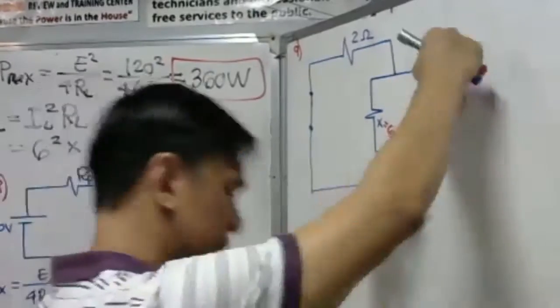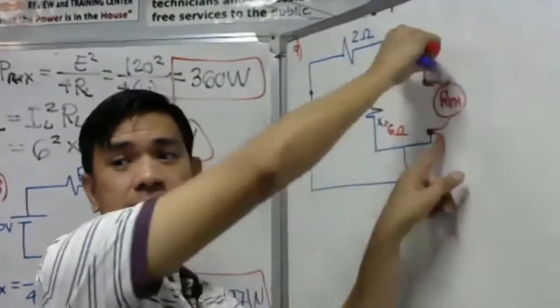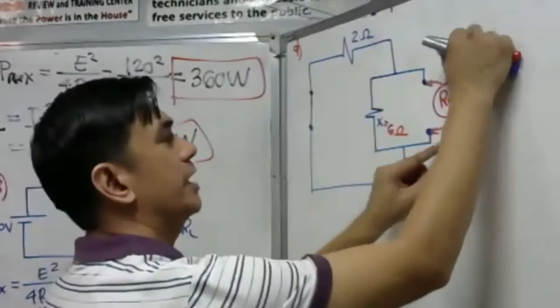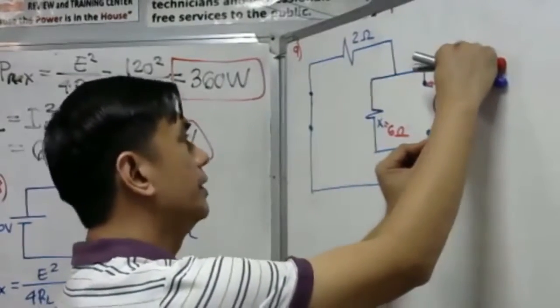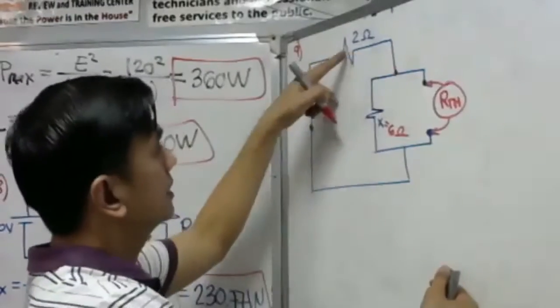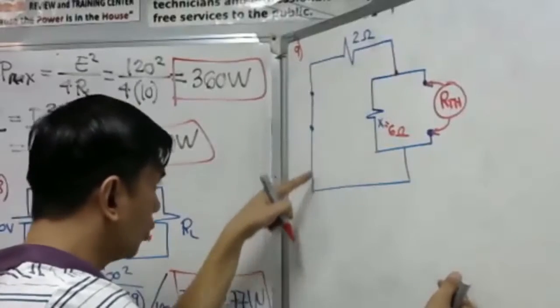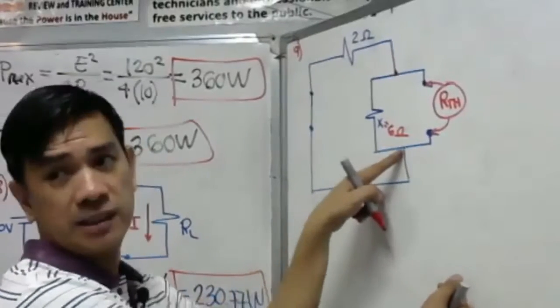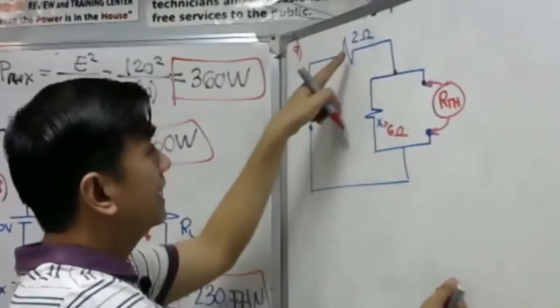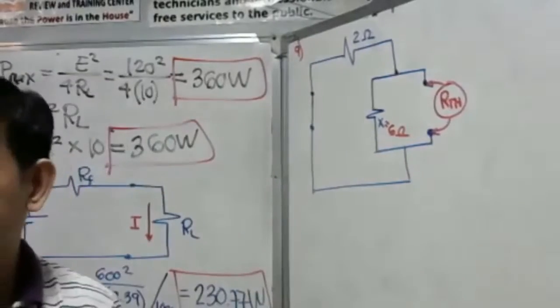I will put it here in the two terminals. I will hold these two. There is a common node. This is the 2 ohm connected with the 6 ohm. Then another wire of 2 ohm is connected again to the 6 ohm here. So therefore, the two resistors will just simply become parallel. Isn't it?